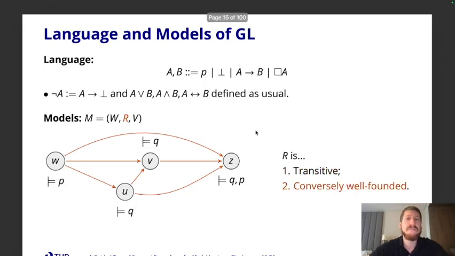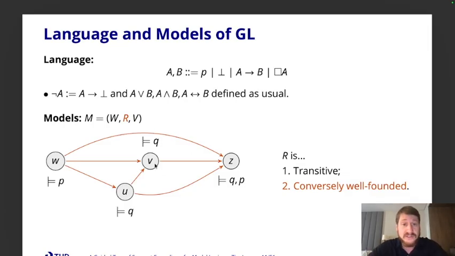And also conversely well-founded. This is not a first-order definable property, which is what gives GL its unique fixed point flavor. What this property effectively says is that if I follow any sequence of edges inside of my model, this process eventually terminates, which means that I cannot have any cycles inside of my model.